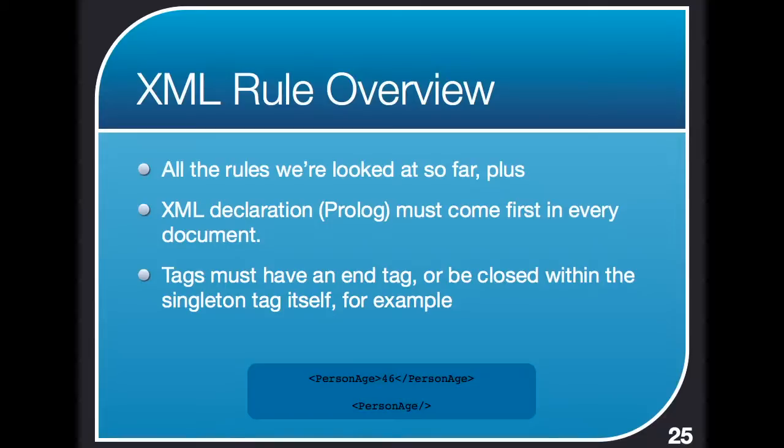But if you didn't actually have any data, you could use the singleton tag version, which is to take the slash out of the closing tag, shove it into the end of the opening tag, and then get rid of the closing tag. So you get angle bracket person name slash angle bracket. That's the same as person name and then immediately a closing person name tag.